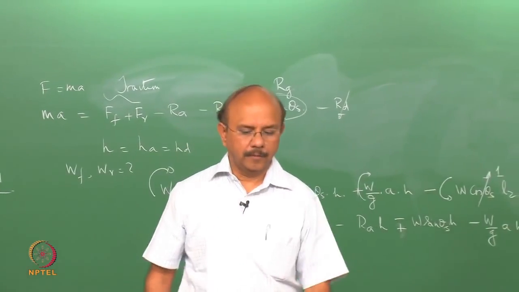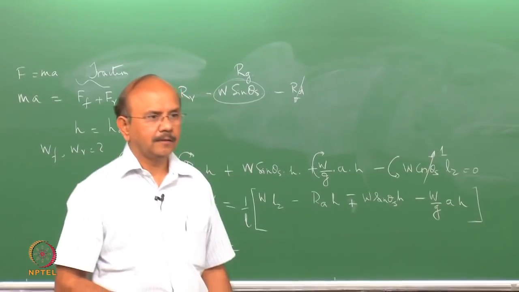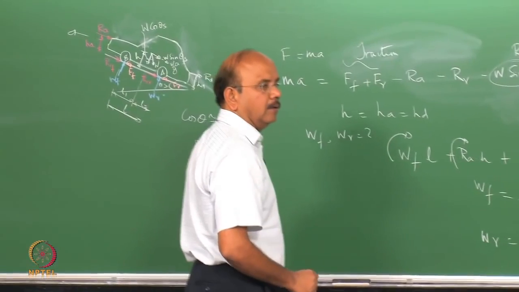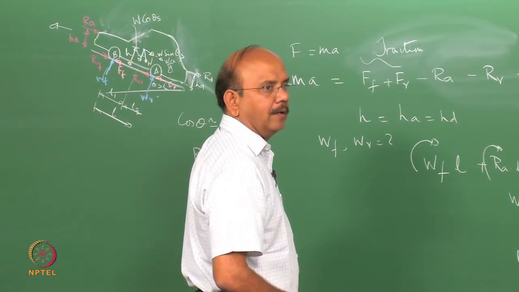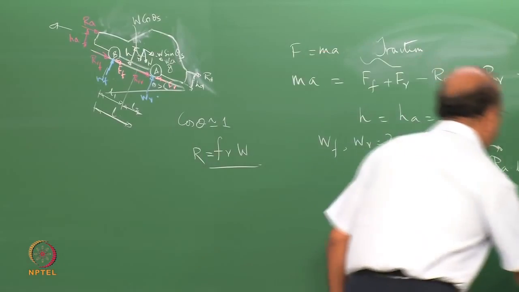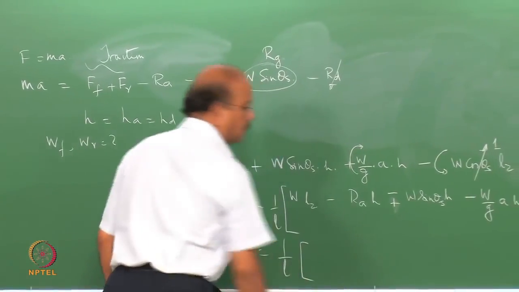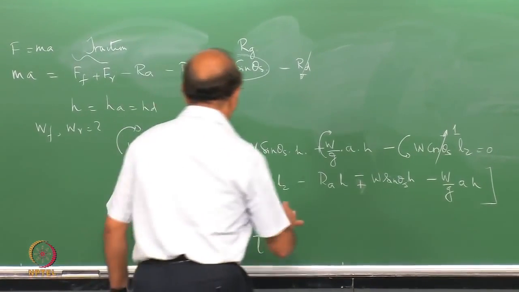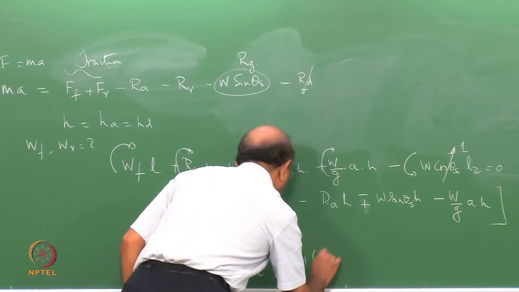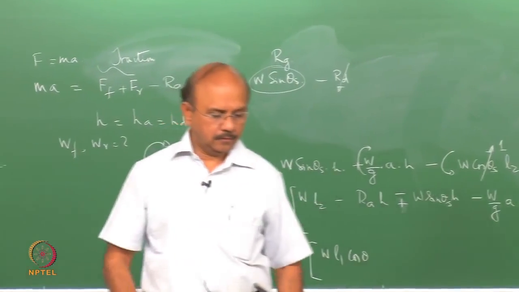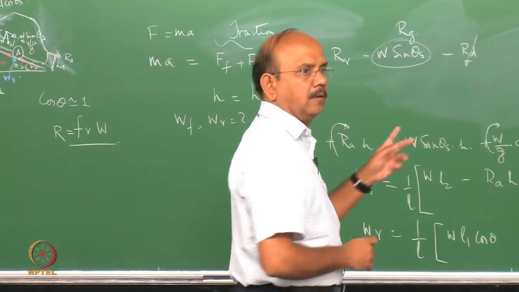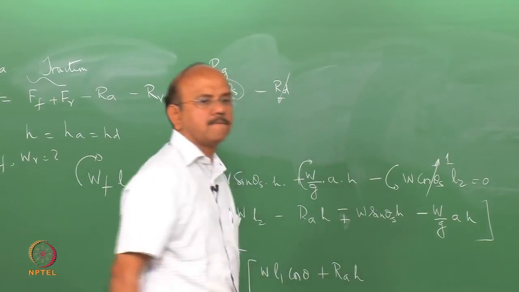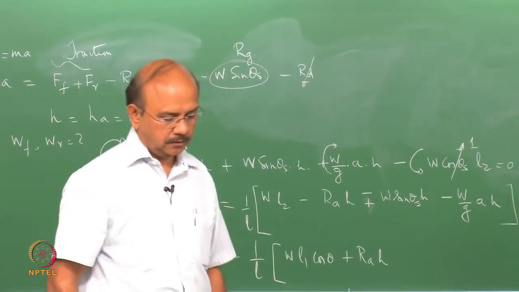Write down for now Wr, I will give a minute, write it down for Wr, how will it be? Just take the moment about B now. We will have W L1 into cos theta, RA will become now plus RA into h.